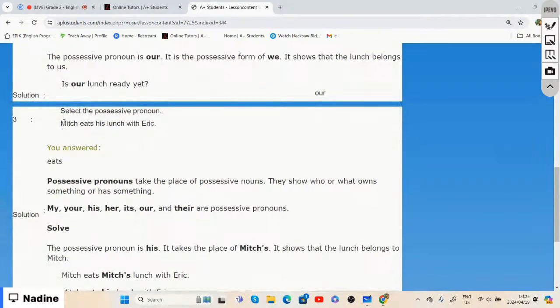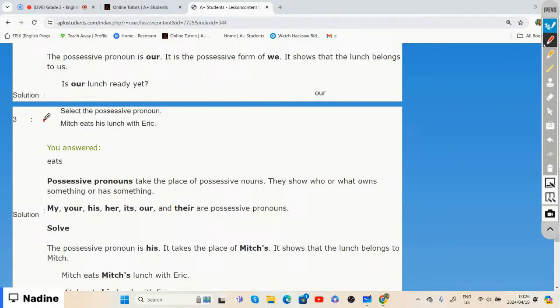Okay, the next one says we need to select the possessive pronoun. Mitch eats his lunch with Eric. What is the possessive pronoun within the sentence? Who does this lunch belong to?